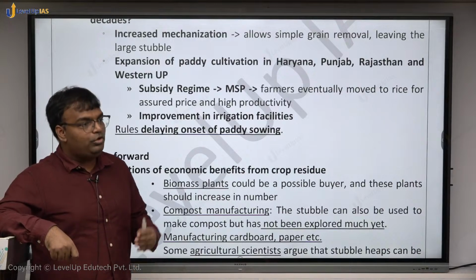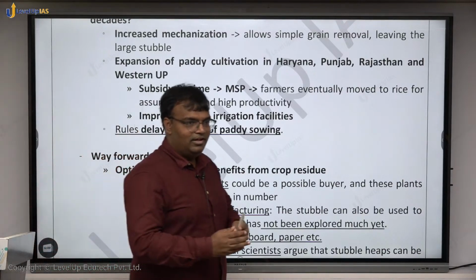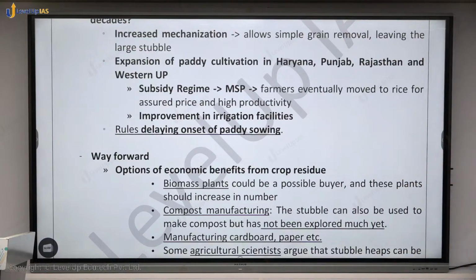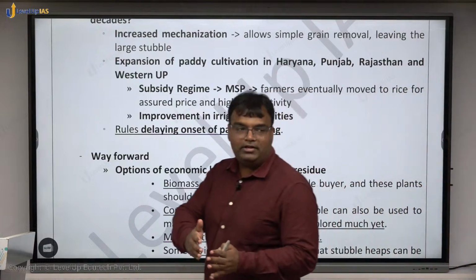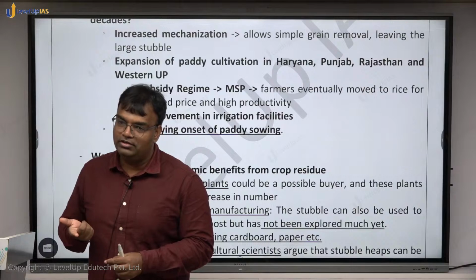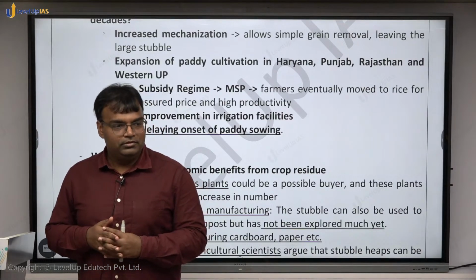So when sowing got delayed, harvesting also got delayed, and after harvesting, the farmer has very limited time to sow. If sowing could have been done a bit earlier, it would have led to excess extraction of groundwater. It would have created that problem.